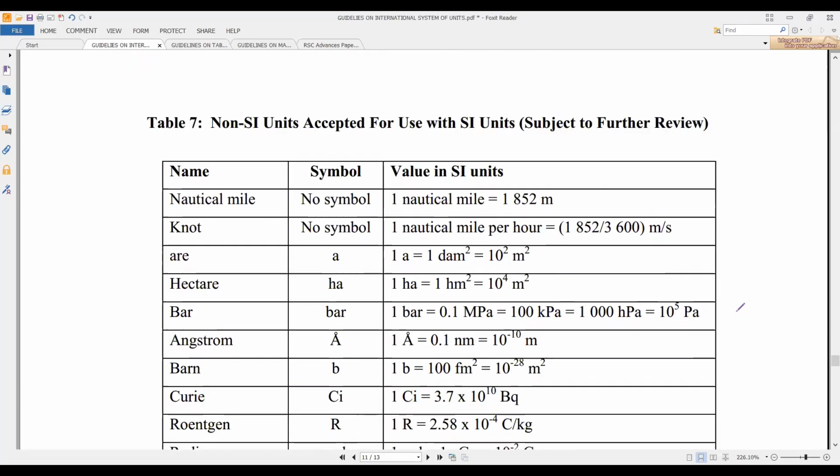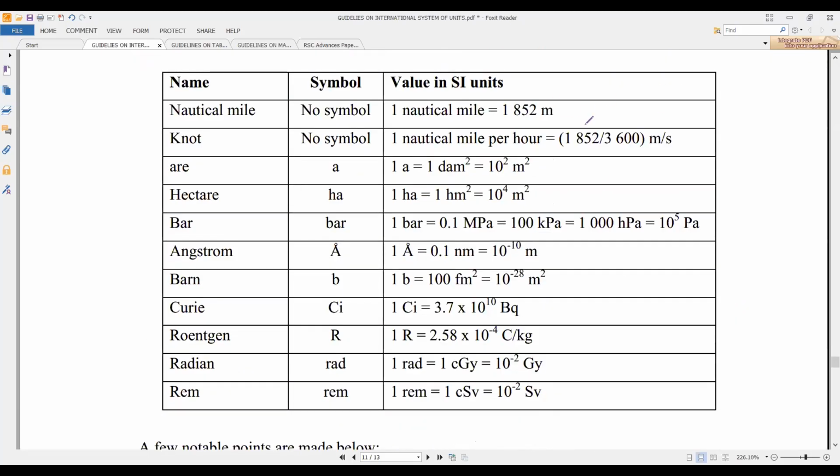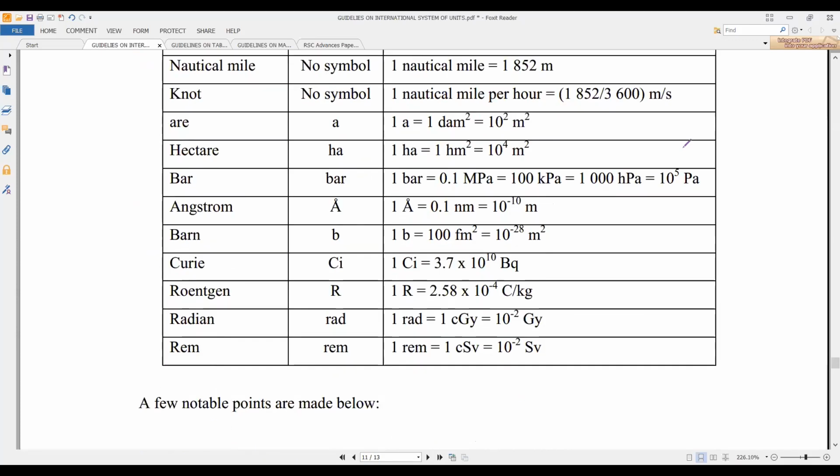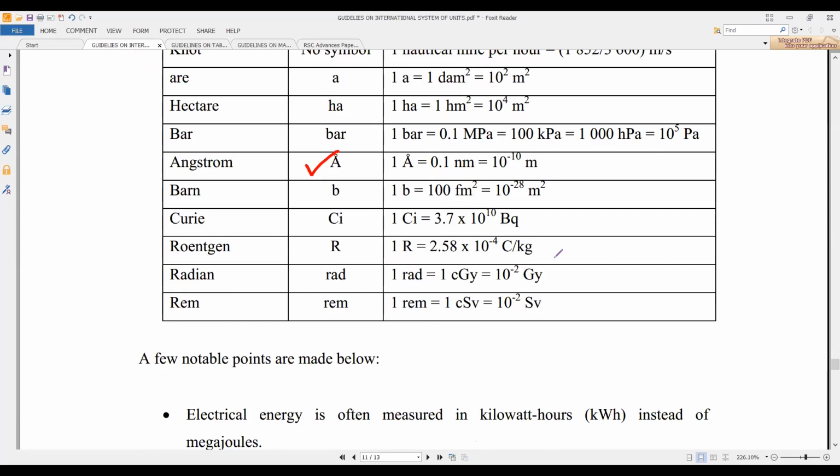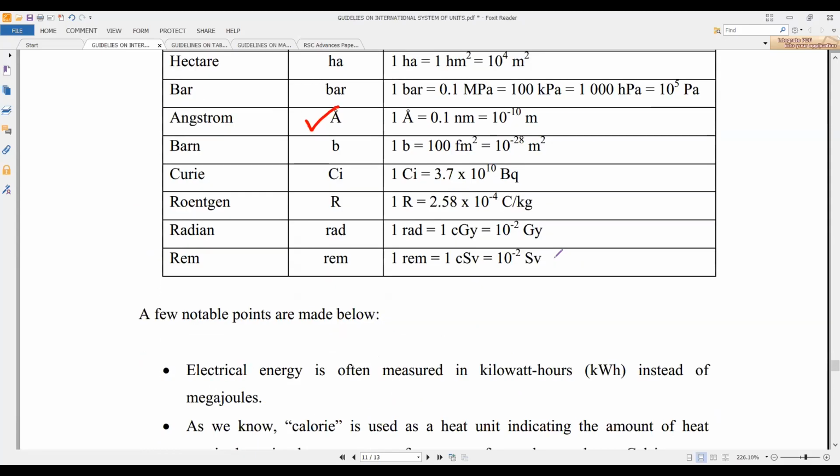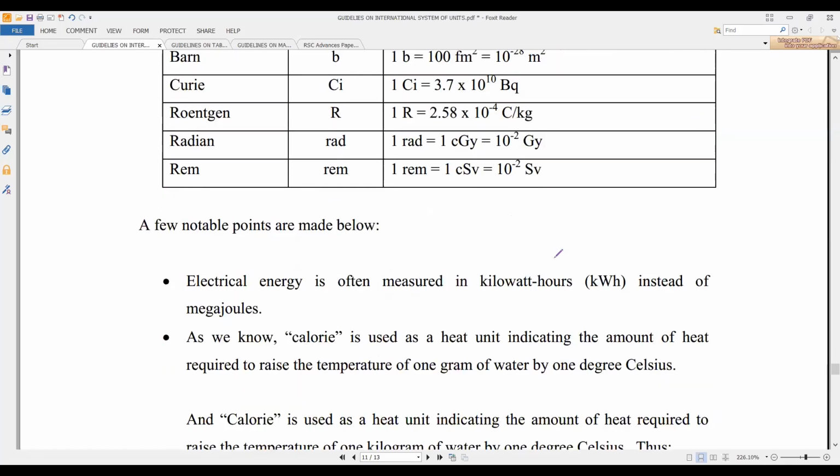You can have a look at this. Nautical mile, even knot, hour, hectare, bar, even angstrom. This is in practice. Even barn, curie, Roentgen, radian, rem. These are some of the units.